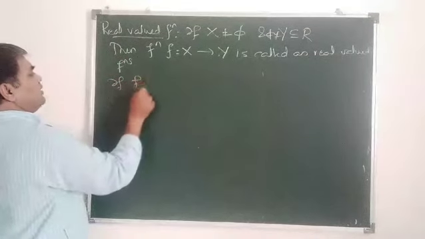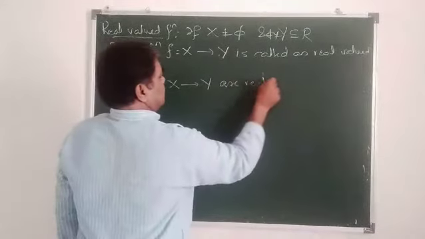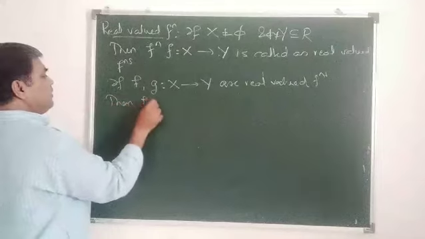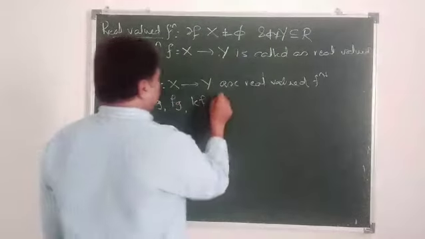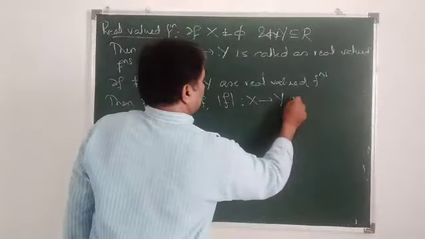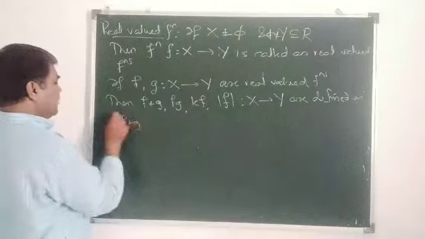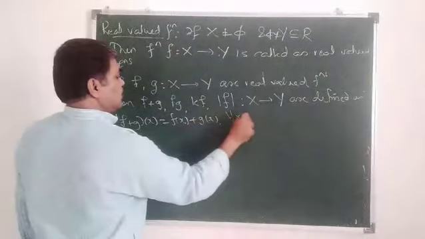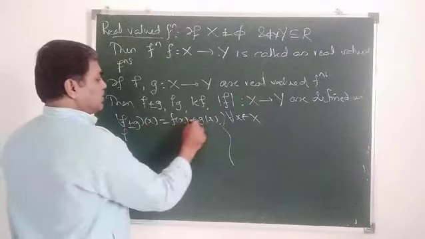If f, g are functions from X to Y, which are real valued functions, then f plus g, fg, or kf, or mod f are functions from X to Y, defined as: f plus g of x is equal to f(x) plus g(x) for every x belongs to X. f minus g of x equals f(x) minus g(x).